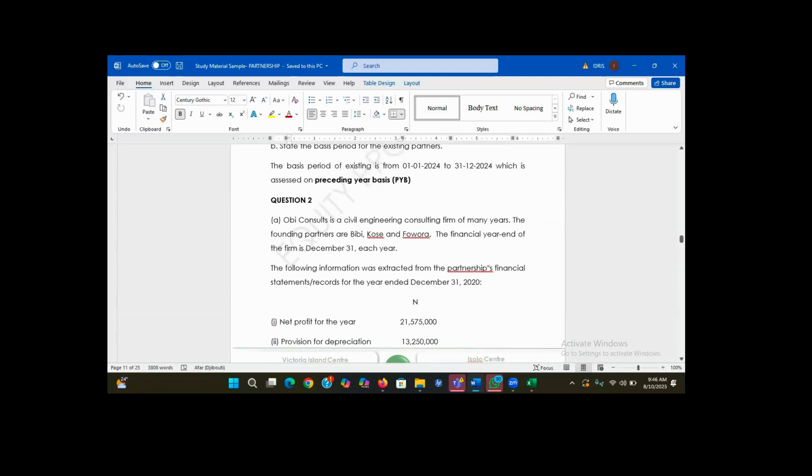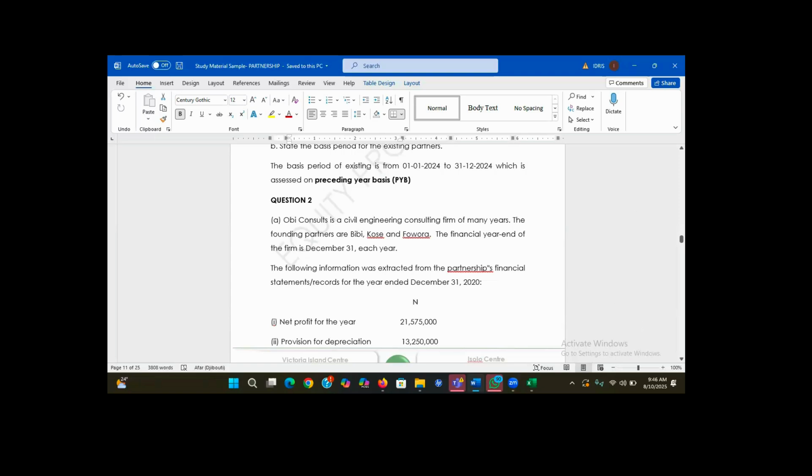The founding partners are Bibi, Ose, and Fowora. The financial year end of the firm is December 31st each year. The following information was extracted from the partnership's financial statement records for the year ended 31 December 2020.